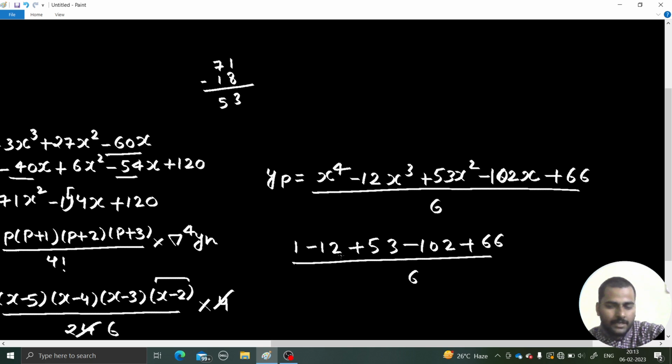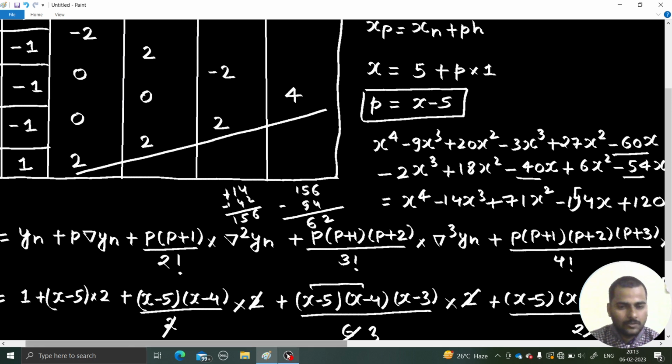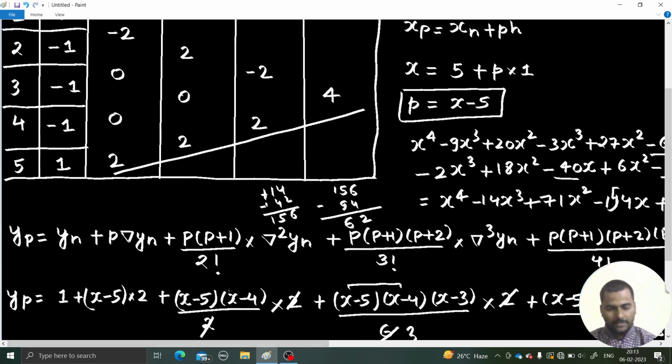Okay. 120 minus 114 is 6. 6 divided by 6 is 1. So you will get the same for other values. If you put 5 also, then also you will be getting 1. If you put 2 as x or 3 as x or 4 as x, you will be getting minus 1. So this was the overall picture.